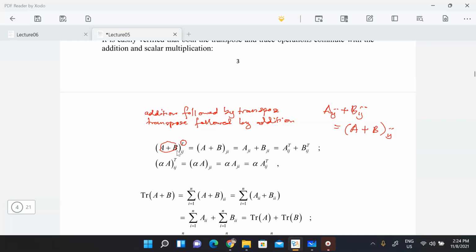The I becomes the J, the J becomes the I. So that's the transpose operation. And then I have the addition. So this will just become AJI plus BJI. But if I transpose this again, then this corresponds to A transpose IJ plus B transpose IJ. So in other words, doing these two in any order is the same thing, it's equivalent.